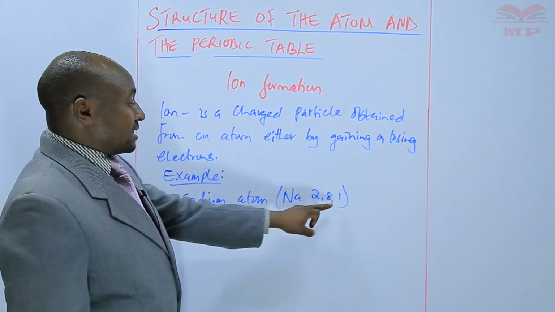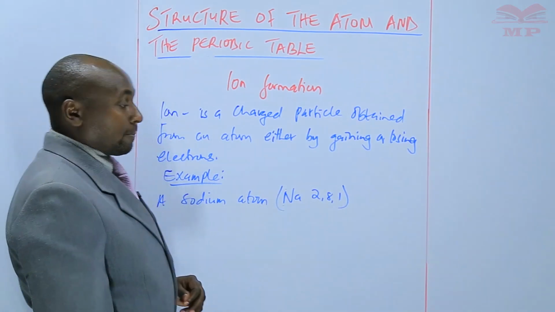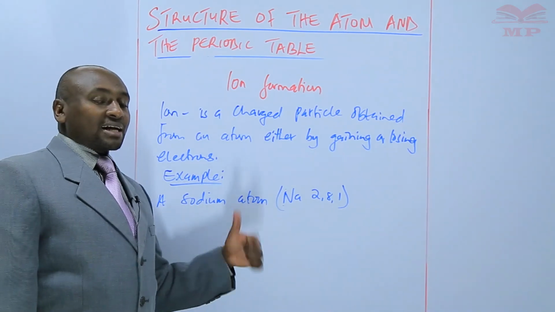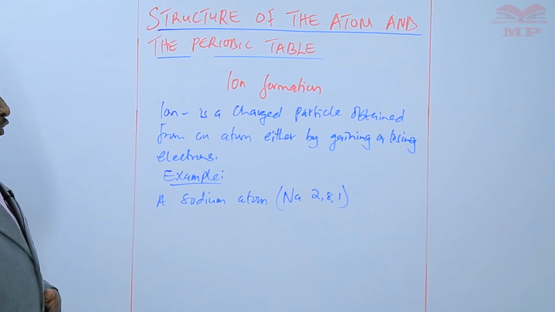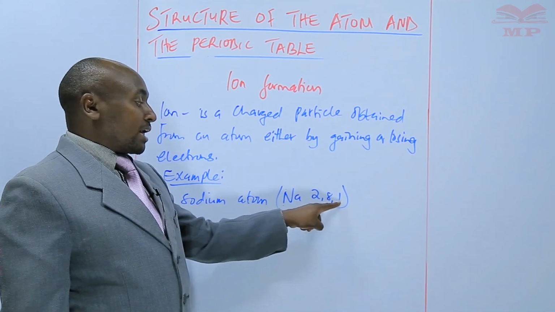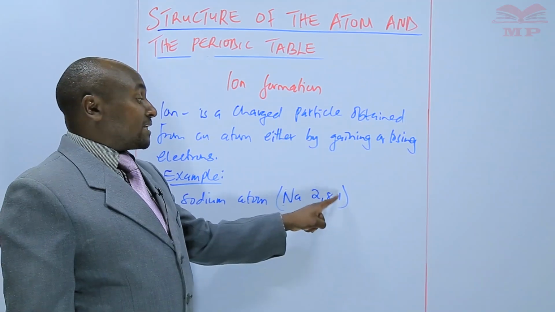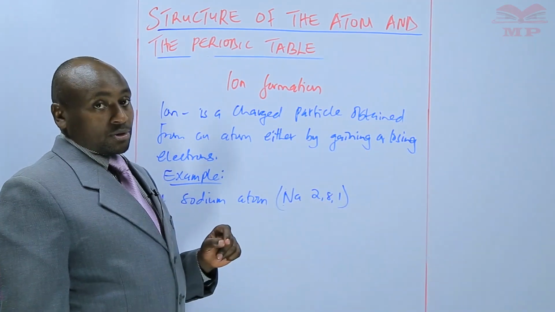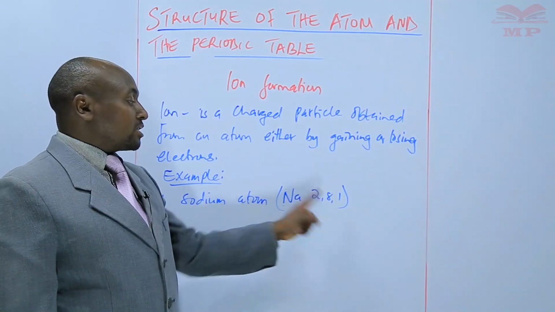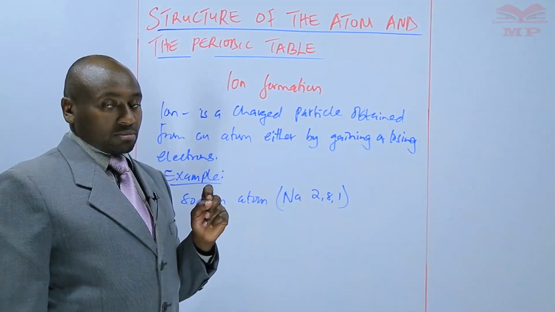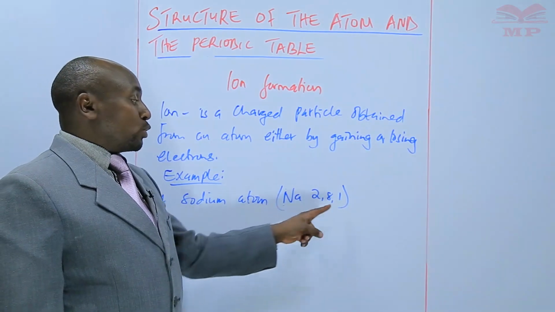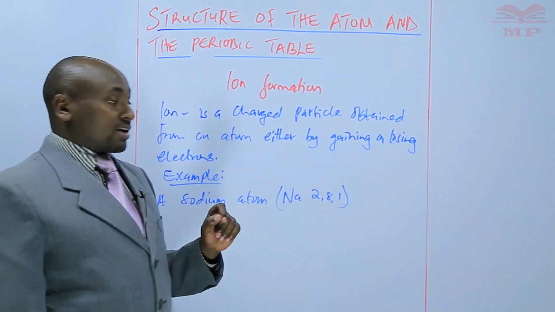So the third energy level is not fully occupied by electrons. In order to become stable, this atom can either lose this one electron or it can gain 7 electrons so that it attains a stable electron arrangement of either 2,8 or 2,8,8. So to attain that stability, it needs to either lose the 1 electron or to gain 7 electrons.